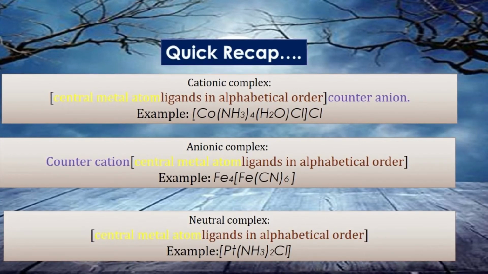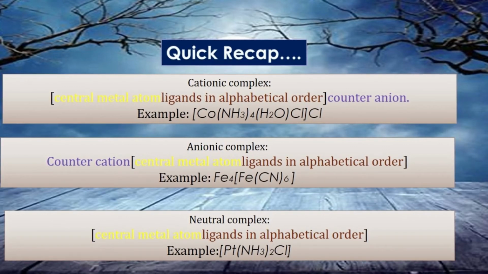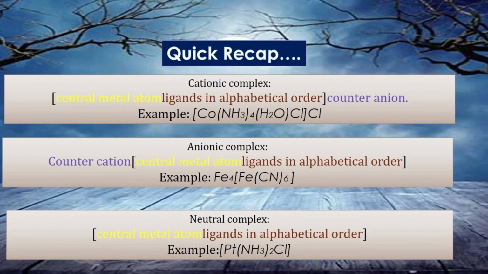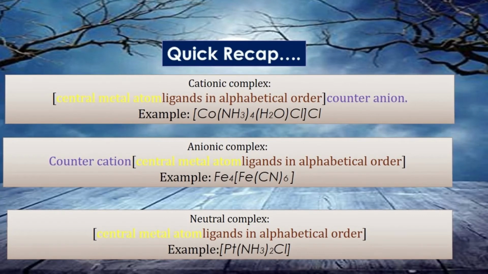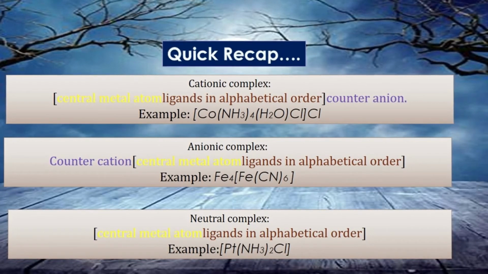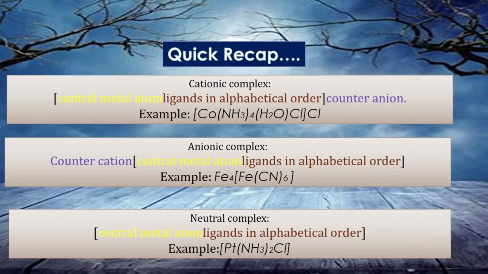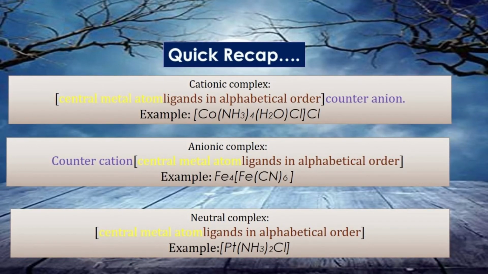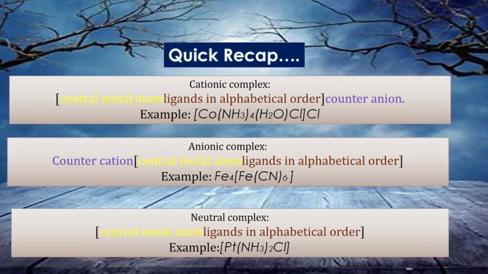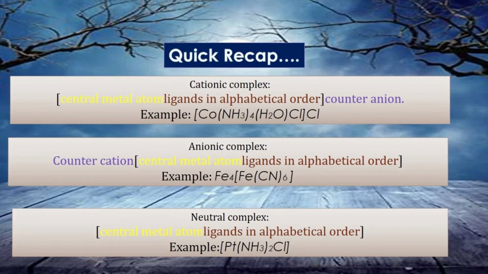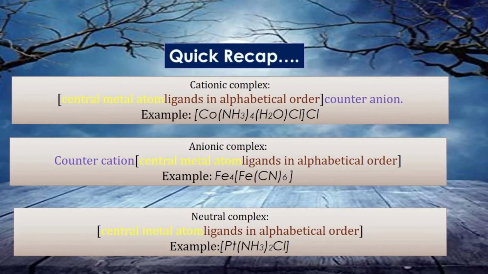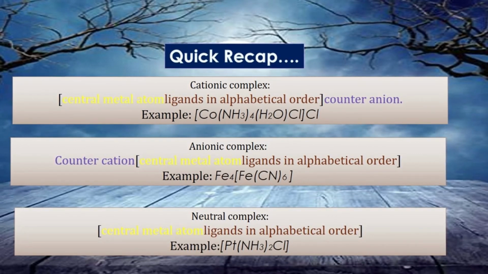anionic complex and neutral complex. In the case of a cationic complex, the complex is the cation. So the complex formula will be written first, then we will write the counter ion formula. Then in the case of an anionic complex, the complex is carrying a negative charge and the counter ion is a cation.